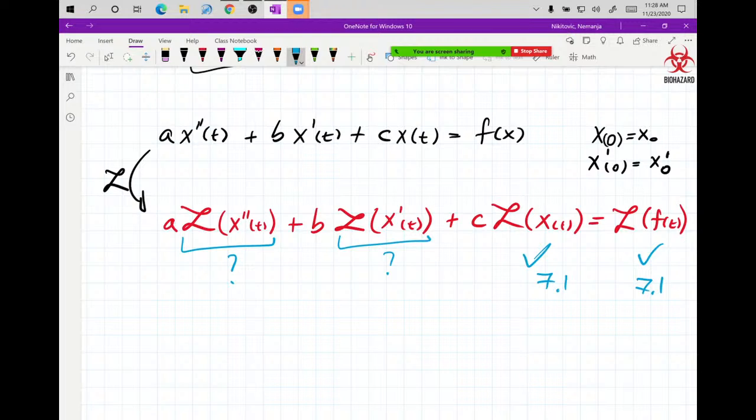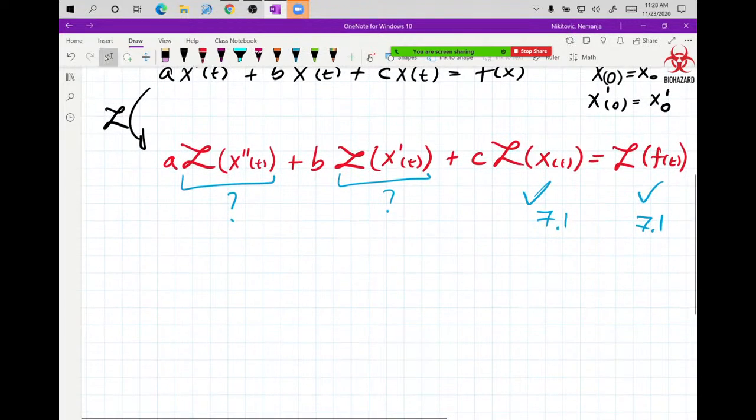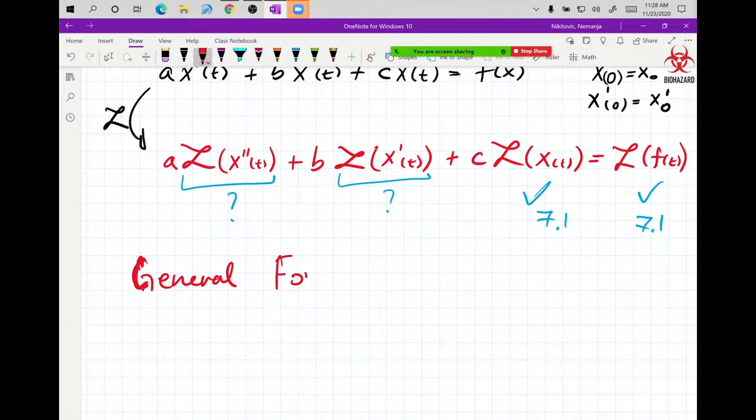So the transform of any derivative, so this is the general form, meaning any derivative.